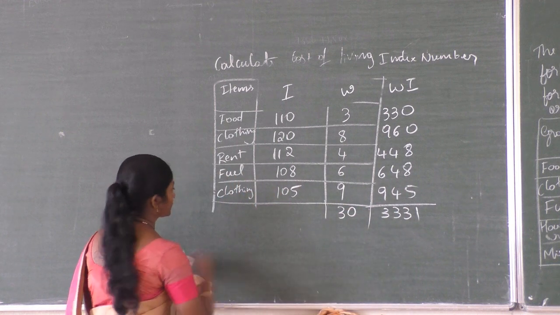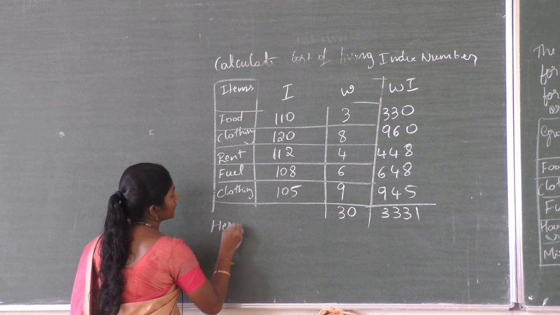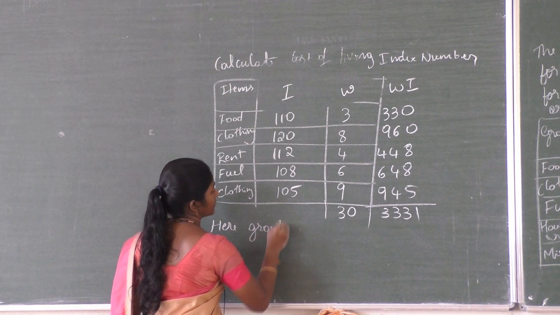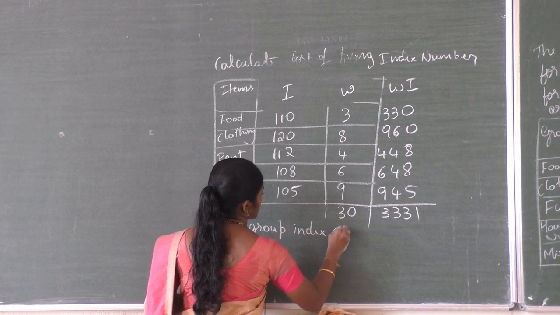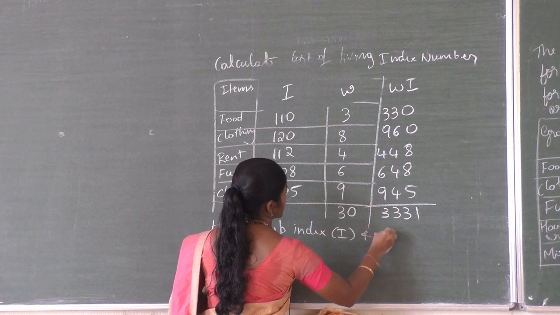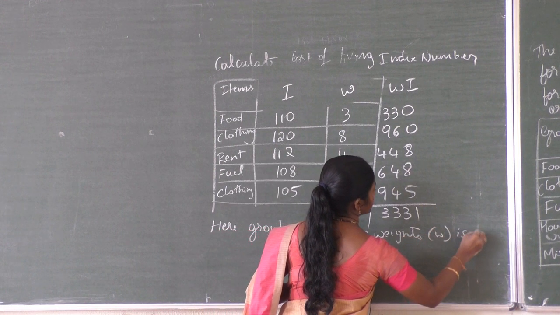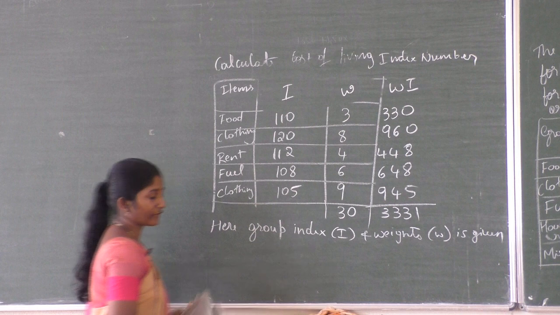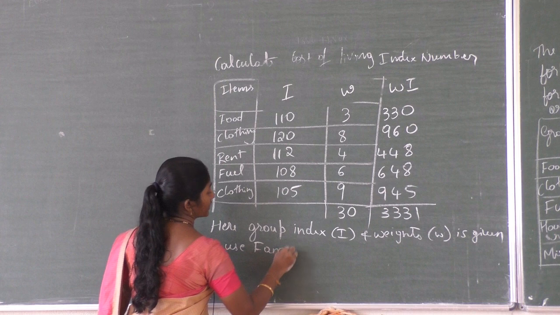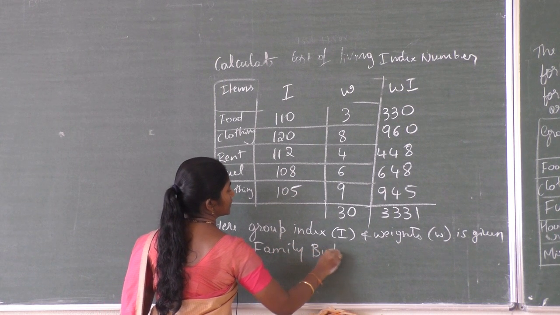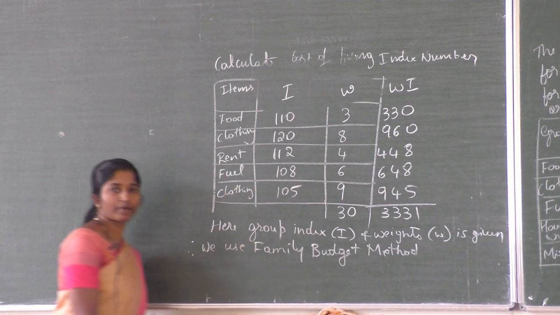Then for the CPI, group index is given, and weights, that is W, are given. Therefore we use which one? We use the family budget method, like this.